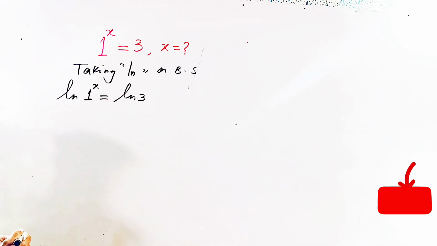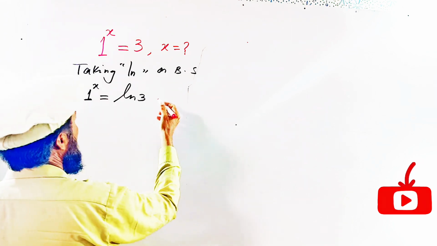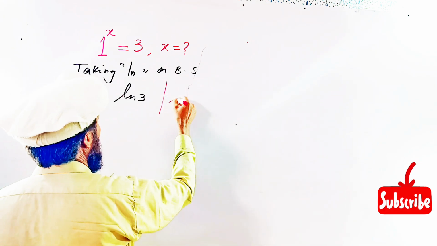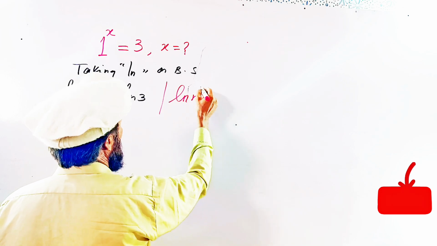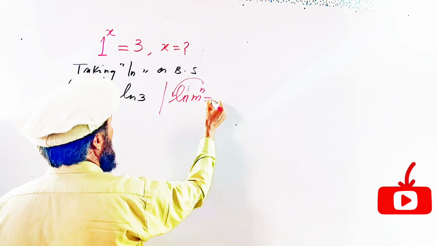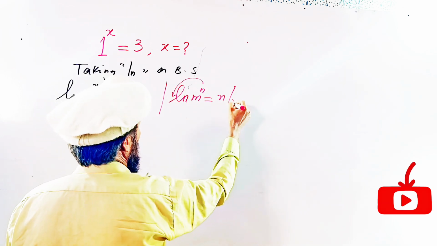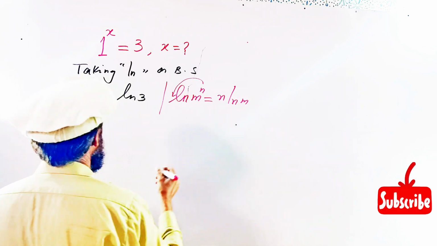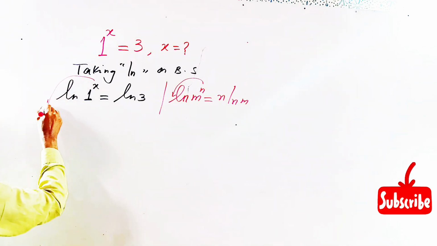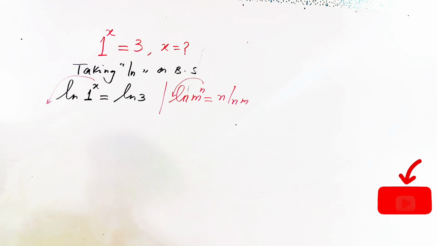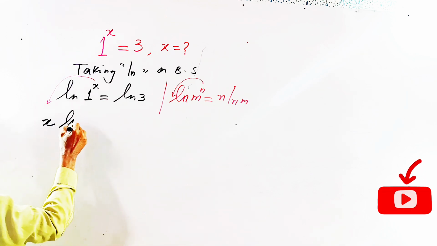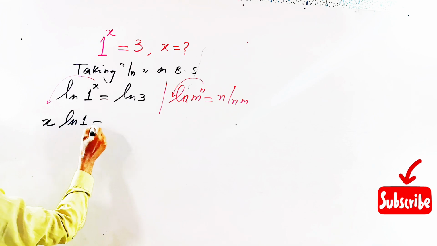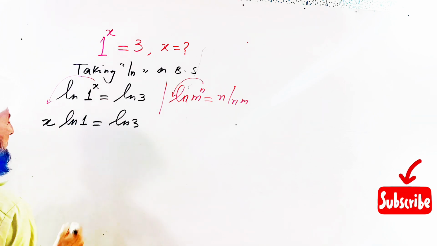So for log of 1 to the power x, we have the log exponent rule: log of m exponent of n is equal to n times log of m. Applying this rule, we get x times log of 1 is equal to log of 3.